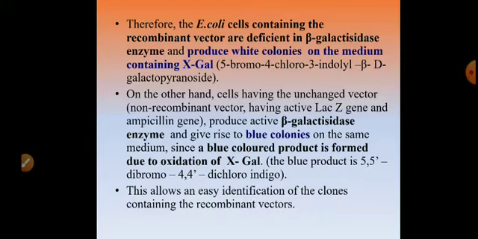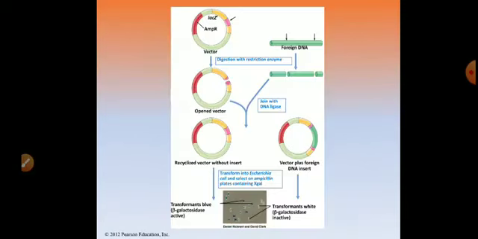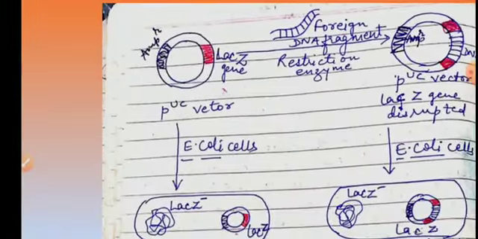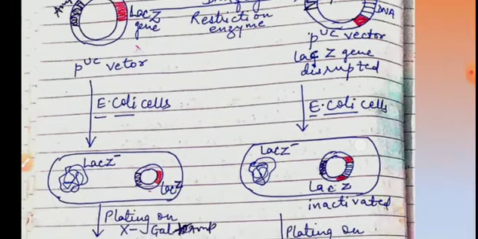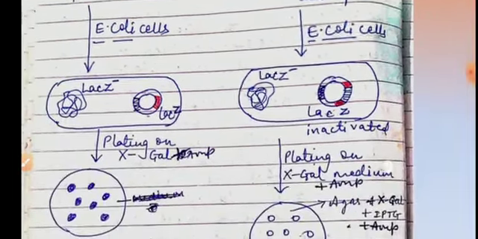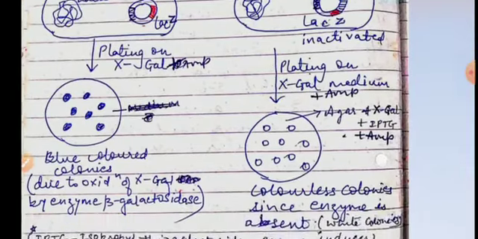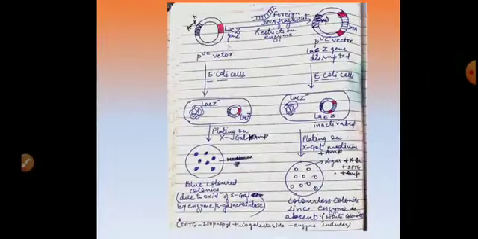When the lacZ gene is intact, beta-galactosidase enzyme is produced and the enzyme oxidizes the X-gal. So white colonies are produced by desirable clones, blue colonies are produced by undesirable clones. So if you have disrupted the lacZ gene and inserted the foreign gene inside it, it will produce white colored colonies on medium which contains X-gal.